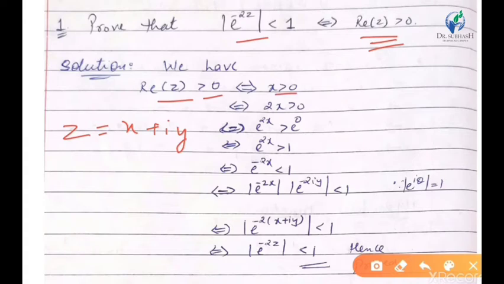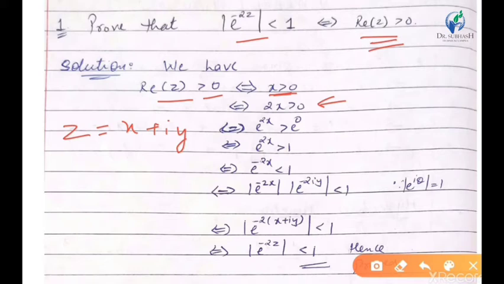Now what we have to prove is e raised to minus 2z, so we will try to convert in this form. If we multiply both sides by 2, we get 2x greater than 0. Now we need exponential power, so we take exponential power on both sides.